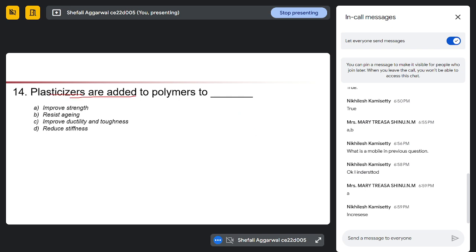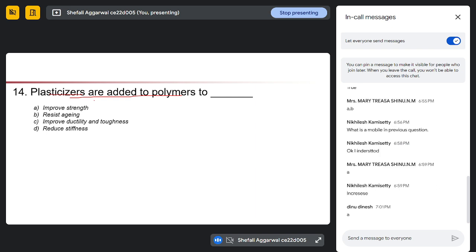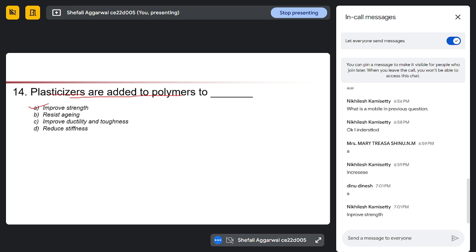Plasticizers are added to polymers to improve strength, resist aging, improve ductility and toughness, or reduce the stiffness. So in polymers, we are adding a few plasticizers. Will it improve strength?